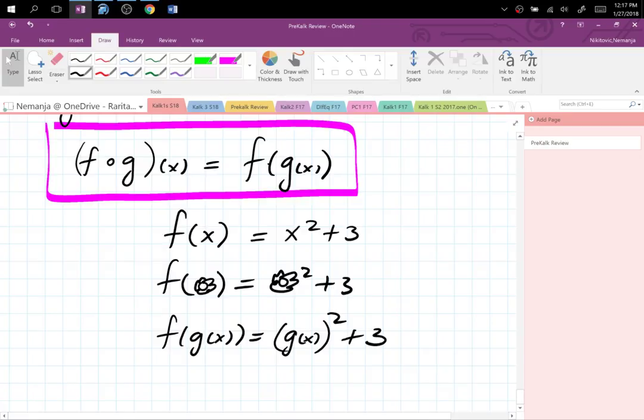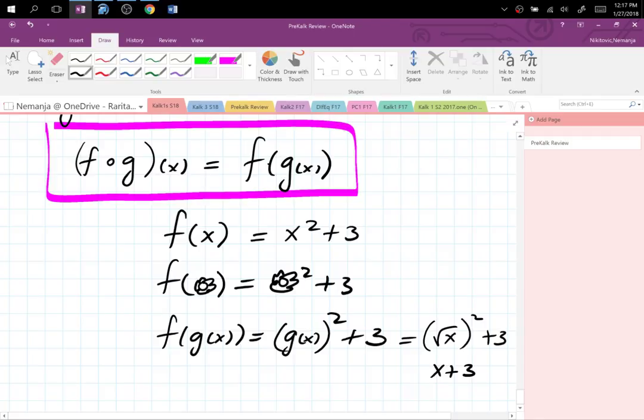Now you can have multiple x's, each x needs to be replaced with the entire function g. So now g of x is root x, this needs to be squared, and then I have plus 3, and the whole thing works out to be x plus 3. So function composition takes the function f, plugs g inside, you work out the algebra, and x plus 3 comes out.